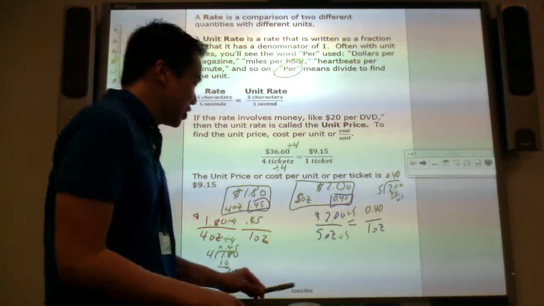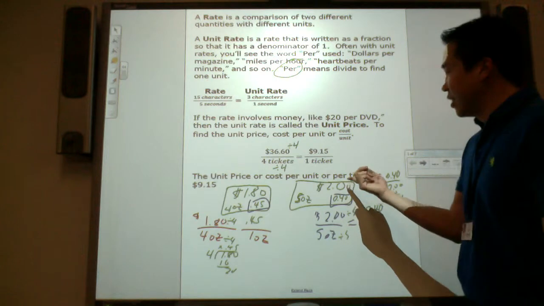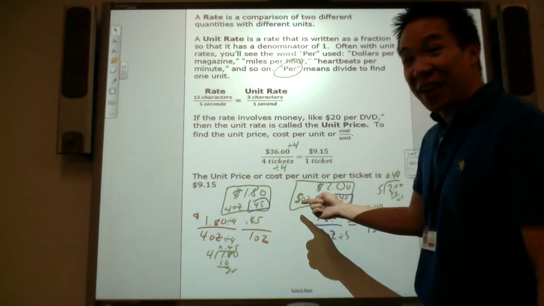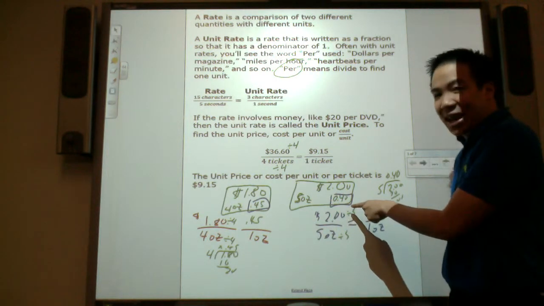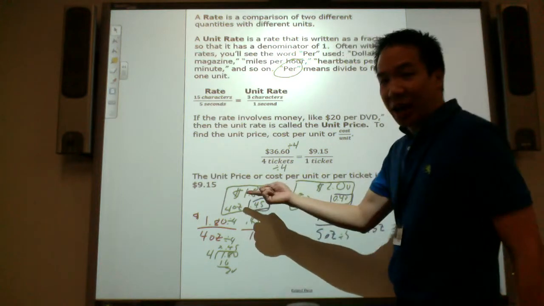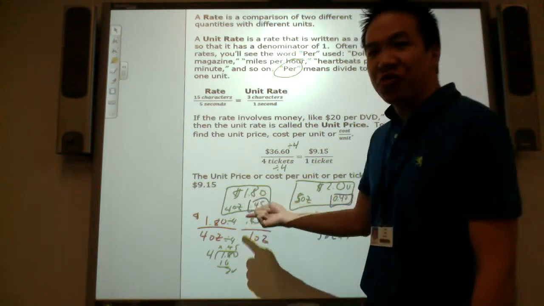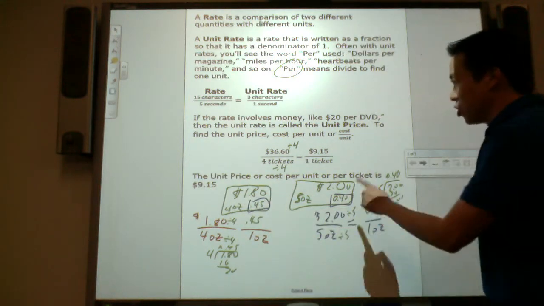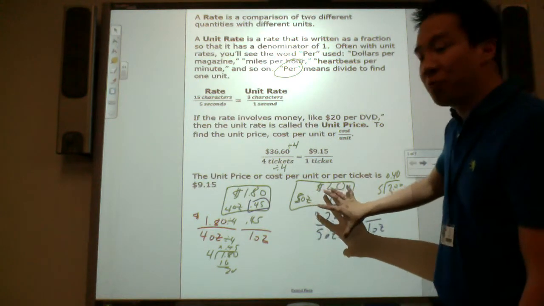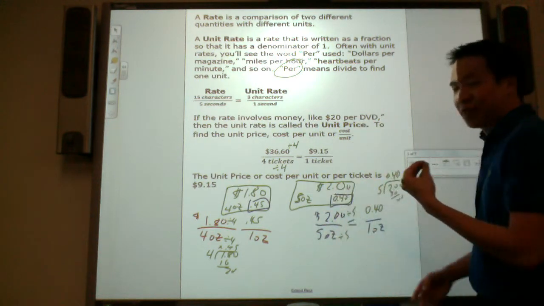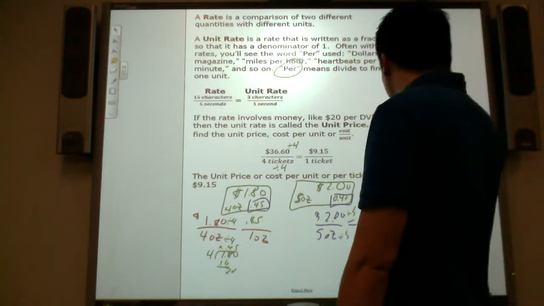So which one is cheaper? If I buy something for $2 and it's 5 ounces, that's 40 cents an ounce, while if I pay $1.80 for 4 ounces, that's 45 cents an ounce. So of course, the first one is a better buy. It's cheaper because I found a unit price.